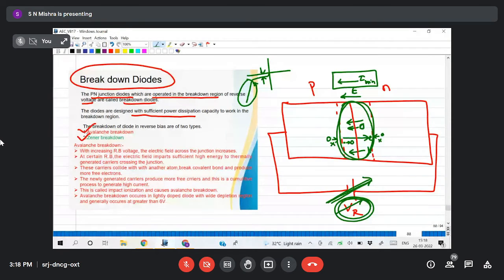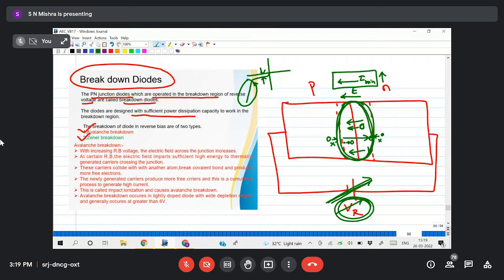During this repeated collision, one electron generating two electrons will generate four electrons, generate 8 electrons. Like that, the number of electrons as well as holes in the depletion region will increase. Due to that, the minority current will also increase. Are you getting my point?